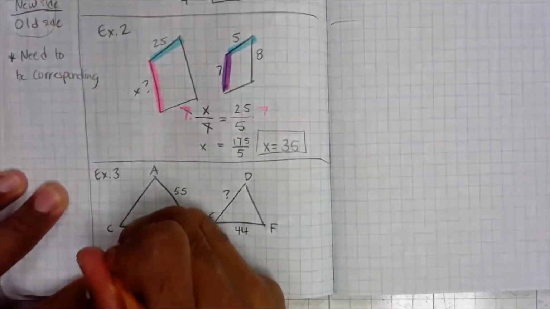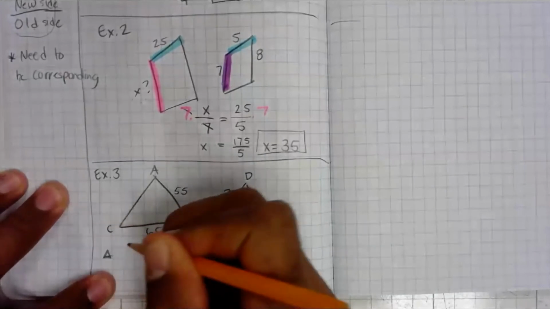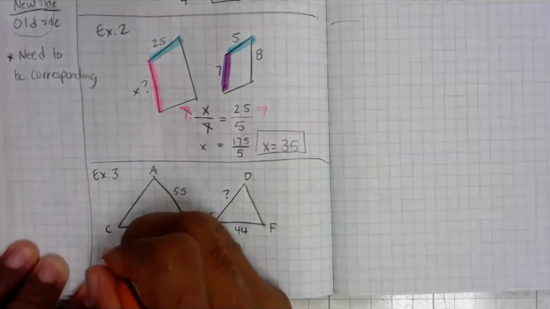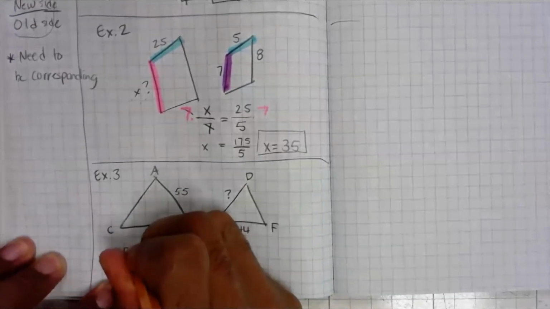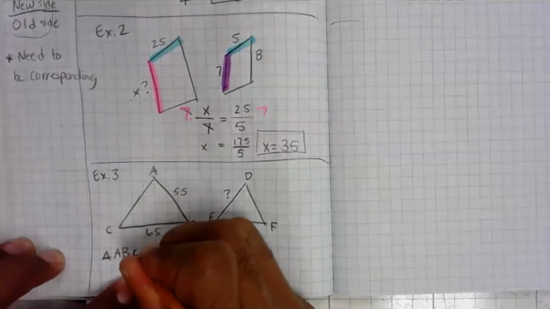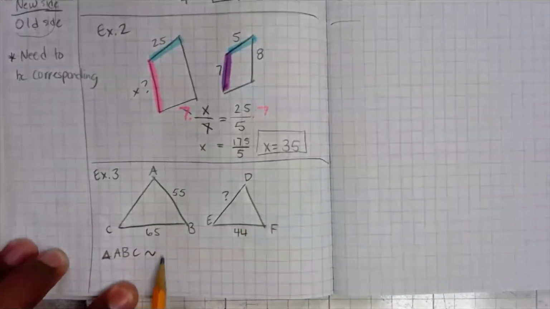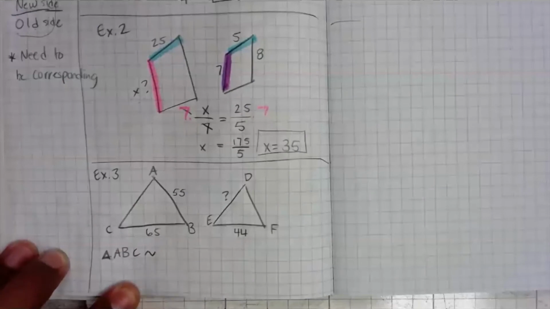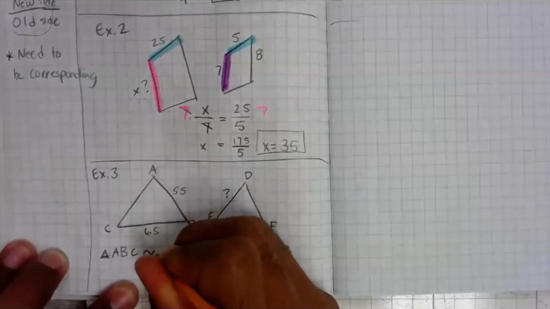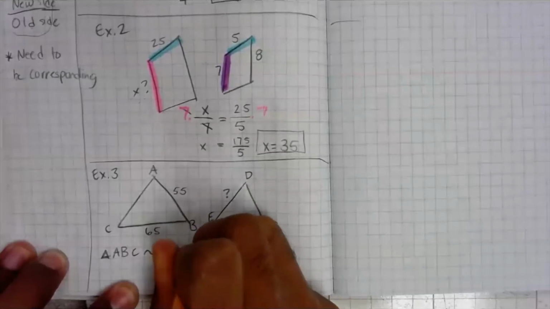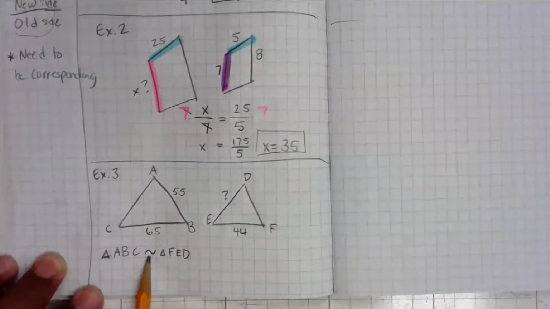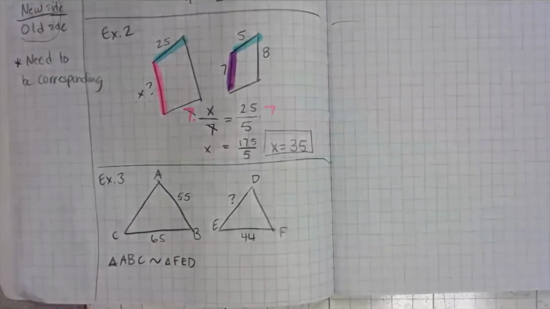And you're going to get a statement like this, and it'll say triangle ABC is similar. This means similar. When it just has the little one wavy line, it means similar to triangle FED. Or actually, it also means corresponds.